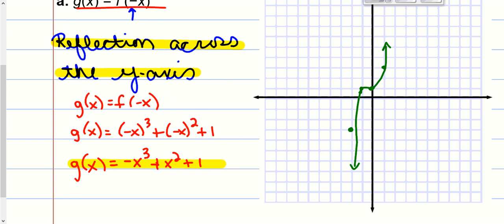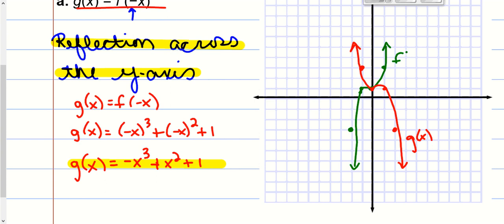So g of x goes through negative 1, positive 3, 0, 1, 1, 1, and 2, negative 3. So again, it goes up just a little bit right there. And there we go. So there's our g of x.